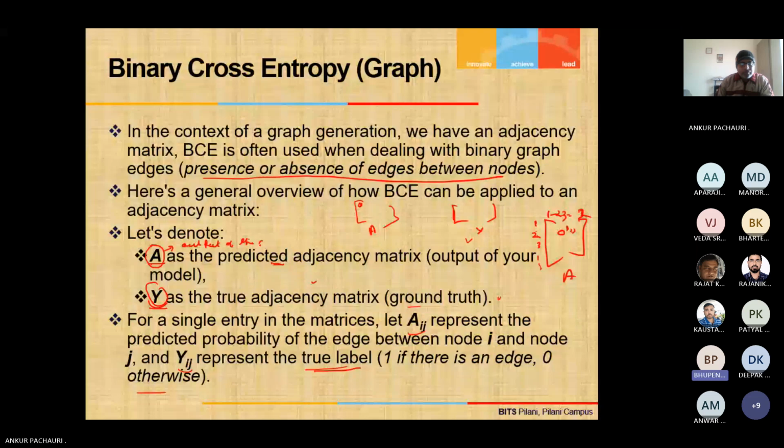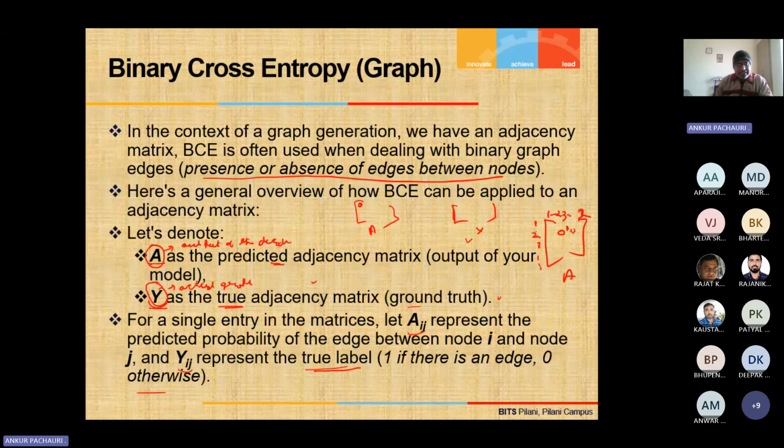We are just checking the loss between both the adjacency matrices: one is predicted, one is the true matrix. This is the adjacency matrix of the actual graph, and this is the matrix of the predicted graph, the outcome of the decoder.